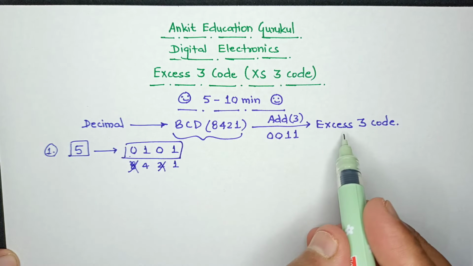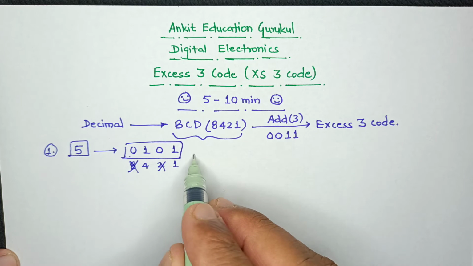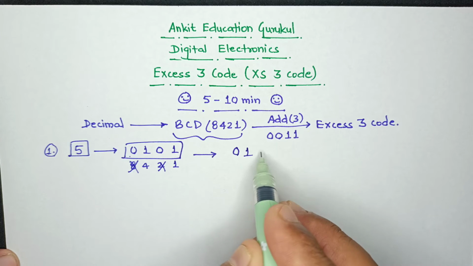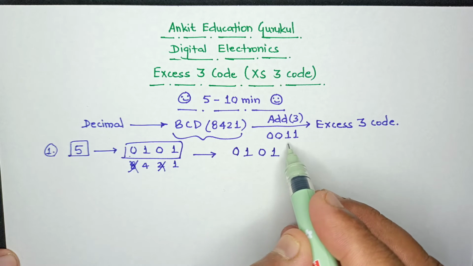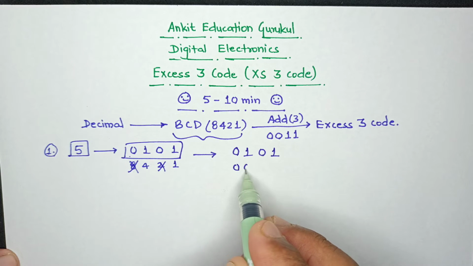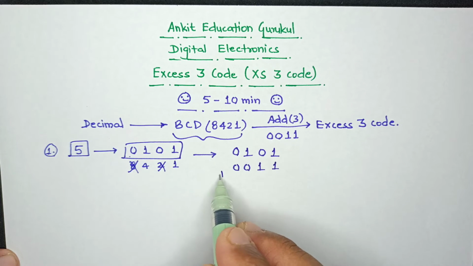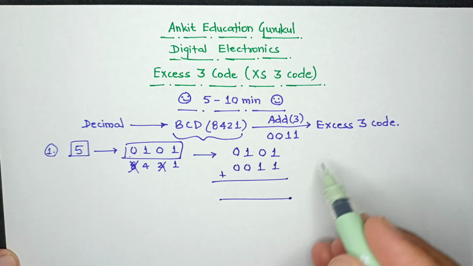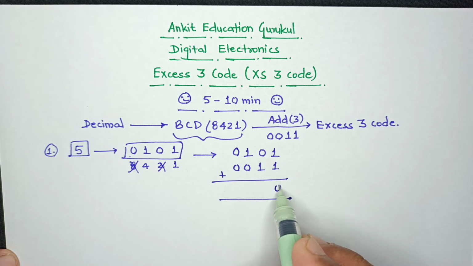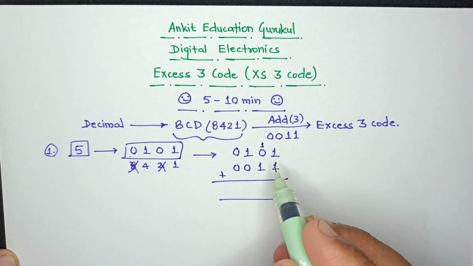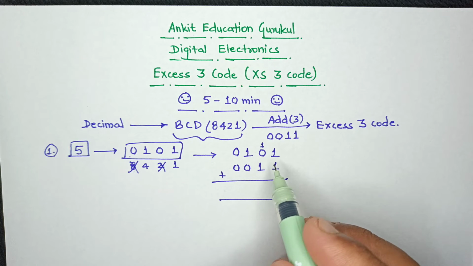Now to convert this into an XS3 code, all you have to do is first write the original number, 0101, and then add 0011, and whatever the answer is, is the XS3 code. So 1 plus 1 becomes 10, so 0 comes here and 1 is carried forward.